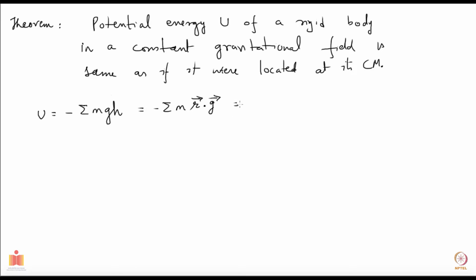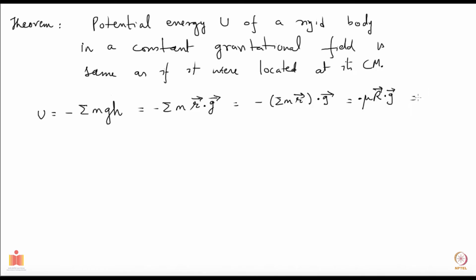Now g is a constant, so I can take it out, and this you know very well: it gives you the location of the center of mass times the total mass. So it is minus M, the total mass, R dot g, where R is the radius vector of the center of mass.